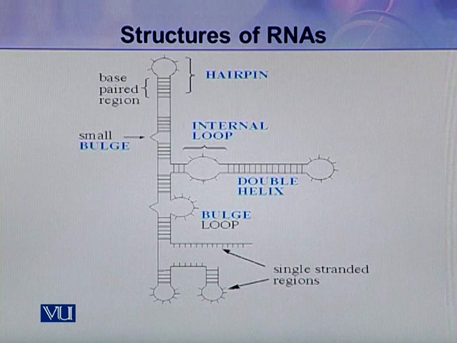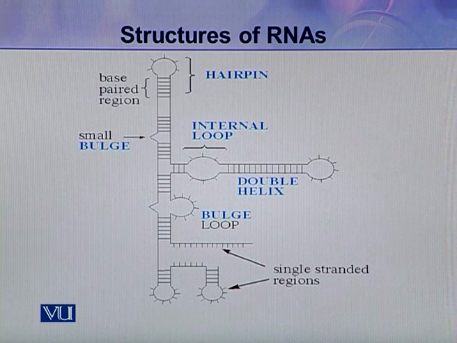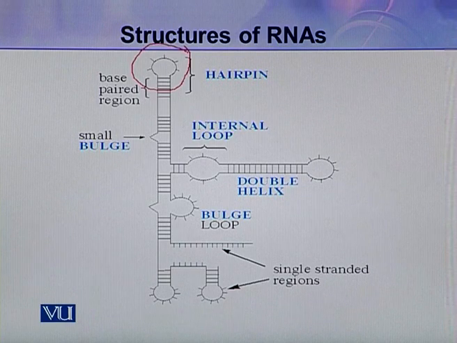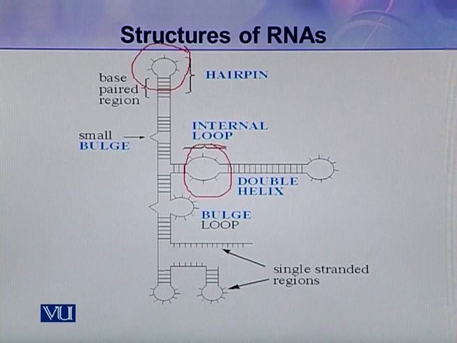This can be made clear by this illustration. In this illustration, you can see a number of secondary structures assumed by the ribonucleic acids. For example, here you can see this is a hairpin loop and this is an internal loop. This is not a hairpin loop.